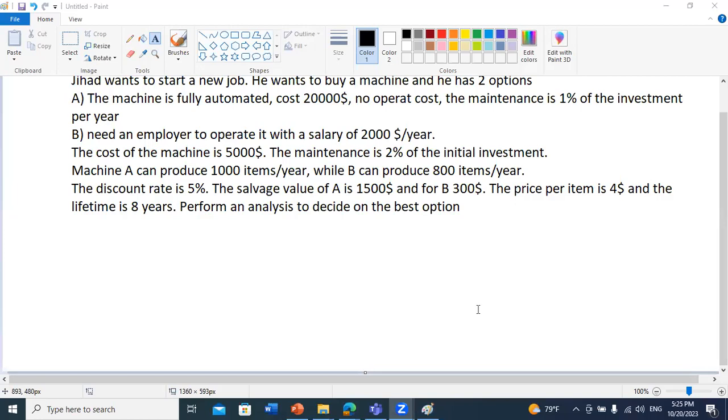Okay. So now what we want to do is compare the net present value at year 8. And we now know the discount rate. The discount rate is 5%. So all we have to do is use the same formula we developed before, but replace A by 5%, because in the previous calculations, the value of A was unknown.